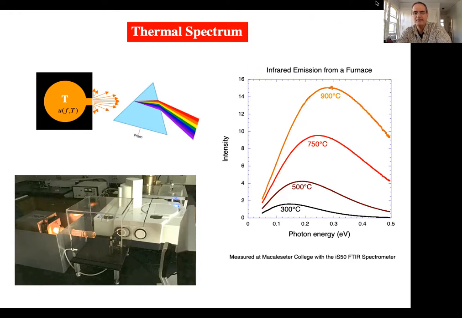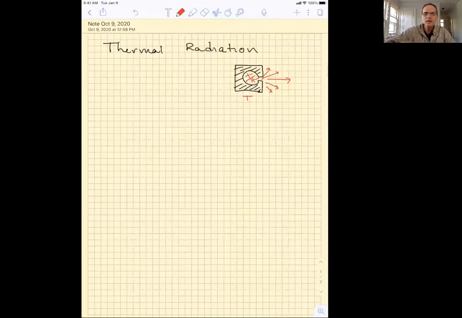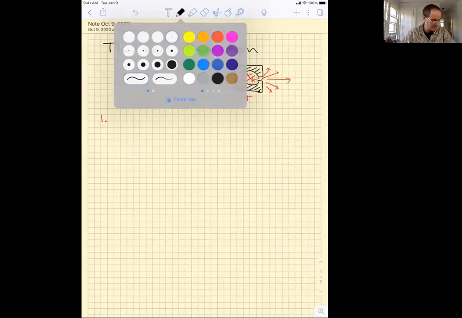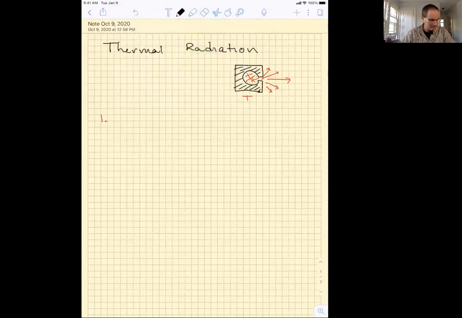Let's pause for a second and go to the notepad. There. Okay, so let's write down some of the basic experimental facts about thermal radiation or black body radiation. First, thermal emitters, black-body emitters, have an emission spectrum that's independent of material.